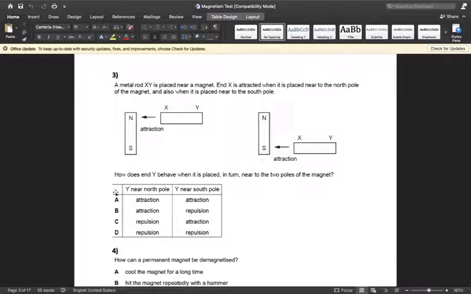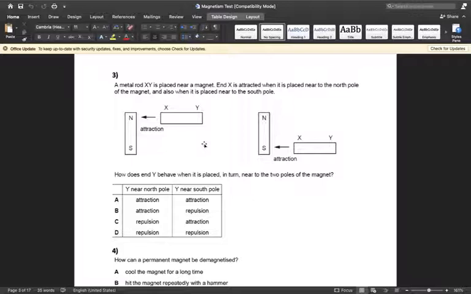There wouldn't be any repulsion, because this is a test for magnetism. If X is attracted to the North Pole and X is attracted as well to the South Pole, this means that this material is just a magnetic material. It can be attracted to any magnet. So even if I used end Y, it would also be attracted to the North Pole and it would also be attracted to the South Pole.